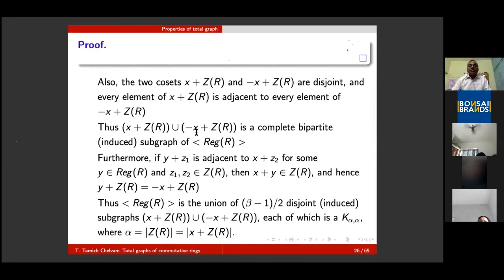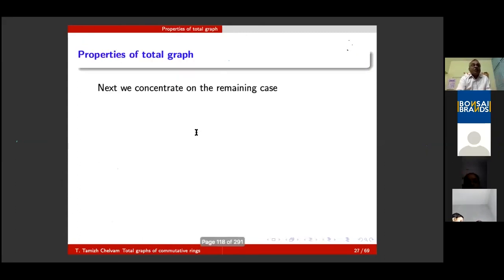Of course, this particular structure helped us to prove a number of graph theoretical properties. We have extensively studied this total graph. Almost 20 papers could be published on this particular definition by Anderson and Badawi. Of course, what about the remaining case?